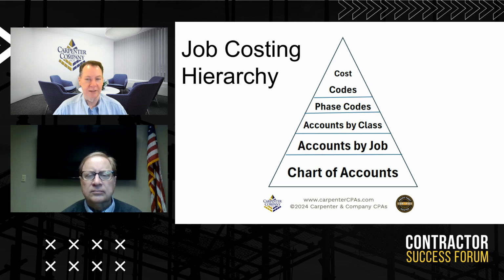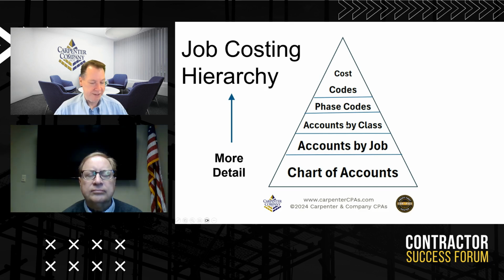And you're not worried typically about trying to get job costing. Then we have trying to figure it out by job. And as we go up the chain, it is getting where we can get more detail, where we can get better information to run our jobs, better information to know how we're coming out. The next level is using this chart of accounts by the job.